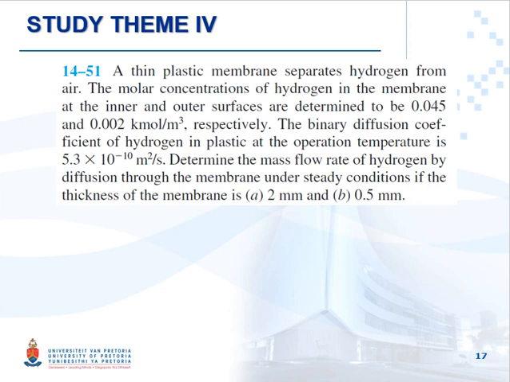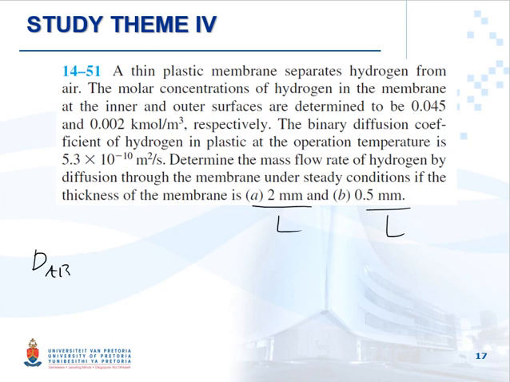Determine the mass flow rate of hydrogen by diffusion through the membrane under a steady condition if the thickness of the membrane is A, 2 millimeter, and B, 0.5 millimeter. So basically everything is the same, the only thing that is changing is L. Okay, am I right?